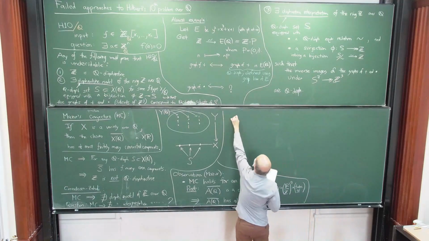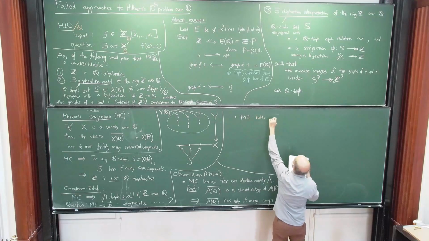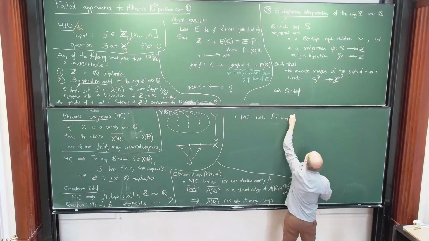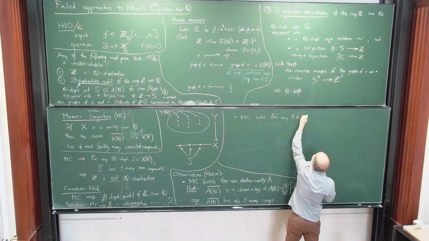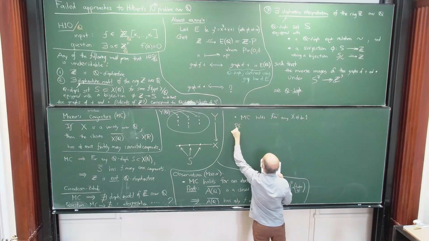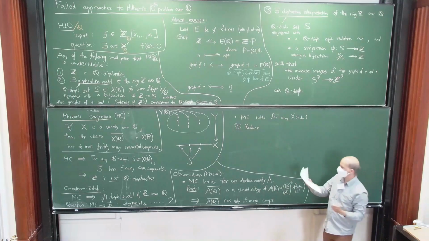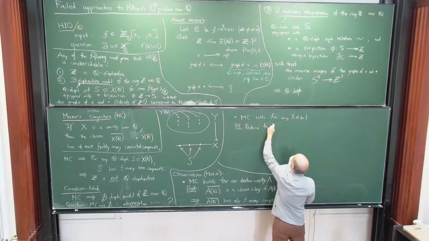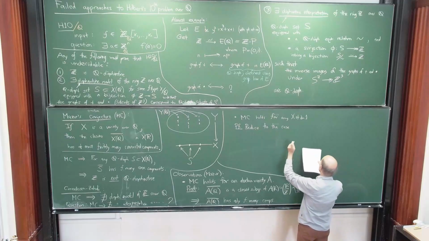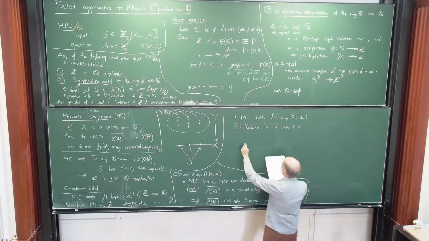Okay, so another observation is that the Mazur conjecture holds for any X of dimension 1. I'll sketch the proof. First you can reduce to the case where your curve is irreducible, and you can make it projective if you want. That's just adding a few points at most, so it doesn't really change the question.